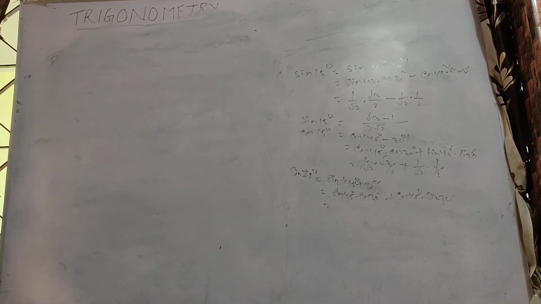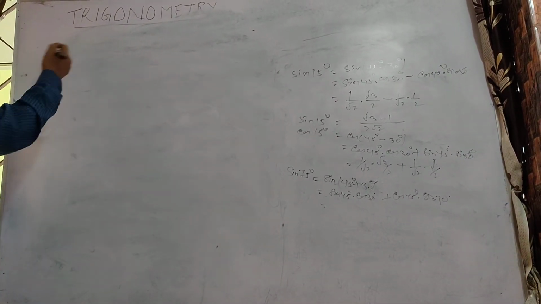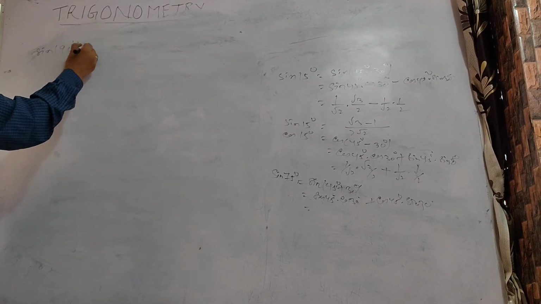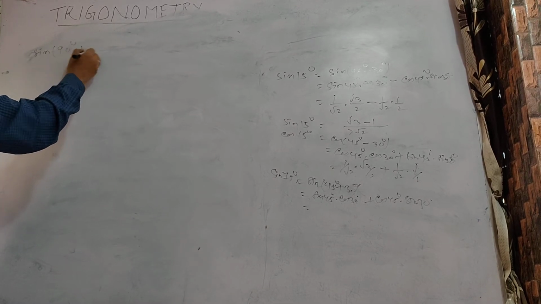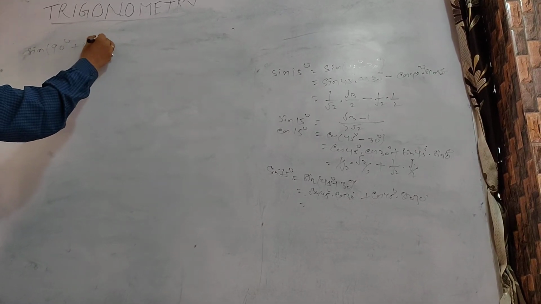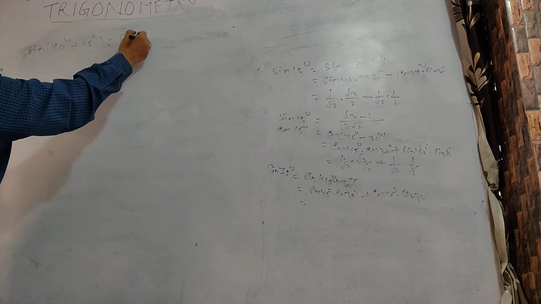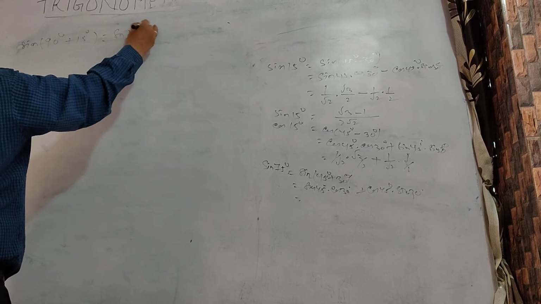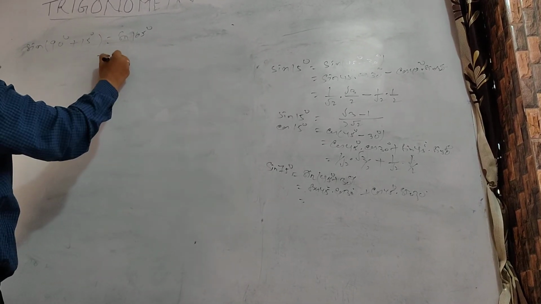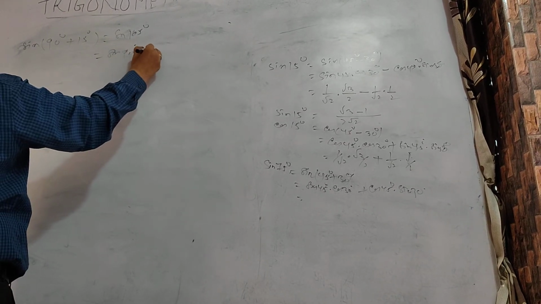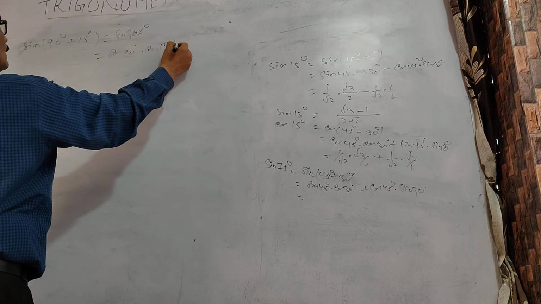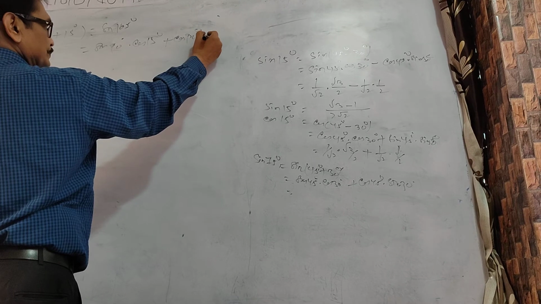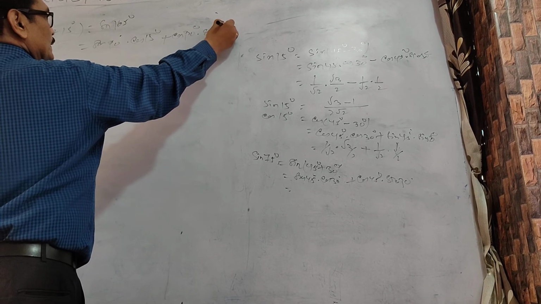Similarly, we can find another result also, like sin(90 degree plus 15 degree). This is sin 105 degree, and this may be obtained as sin 90 degree into cos 15 degree plus cos 90 degree into sin 15 degree.